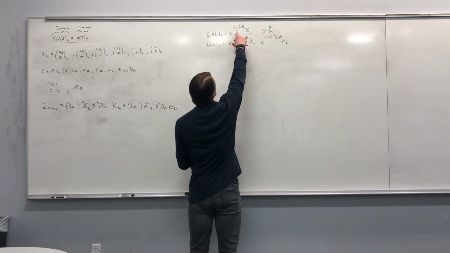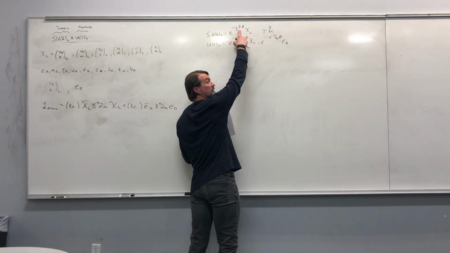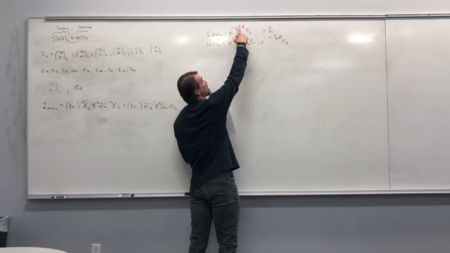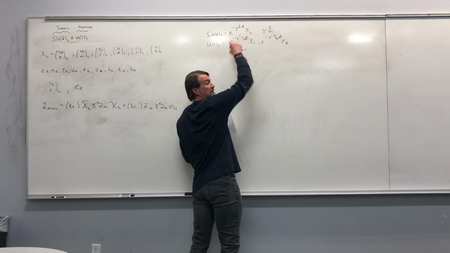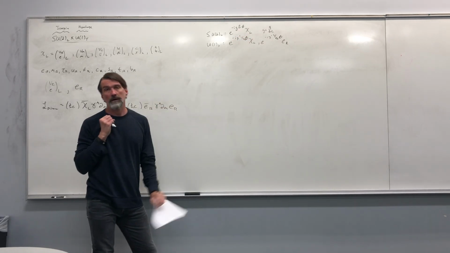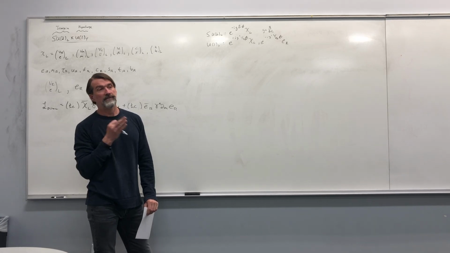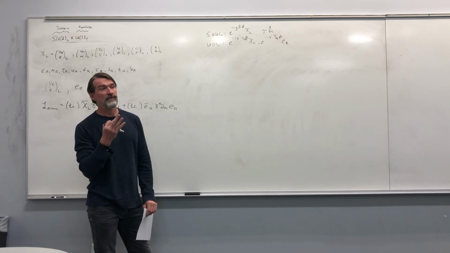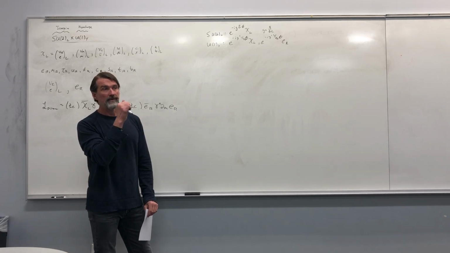So g is obviously the coupling. Sigma is the generators. This is the story of the exponential map. Sigma is the generators, theta is the parameters for each generator. How many generators of SU2 are there? SU2, that's SU3.